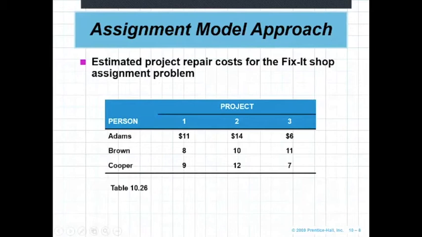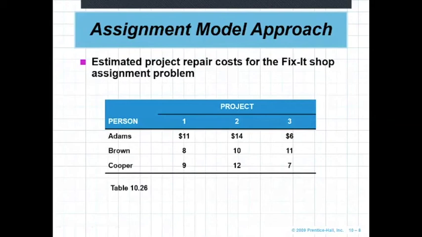And for Cooper, the lowest cost is project 3. But we have to remember that one person does exclusively one project. So in this case, we cannot assign both Adam and Cooper to project 3. So we cannot do that.